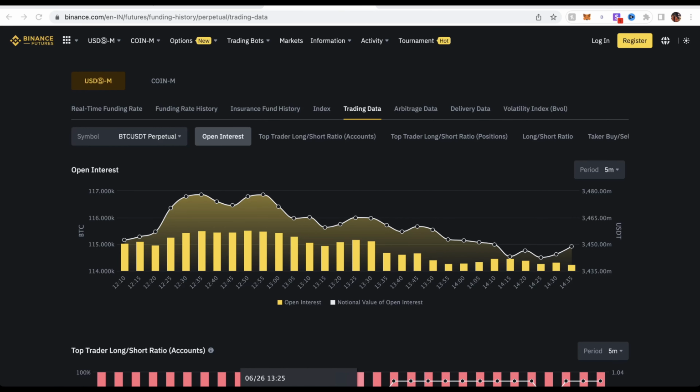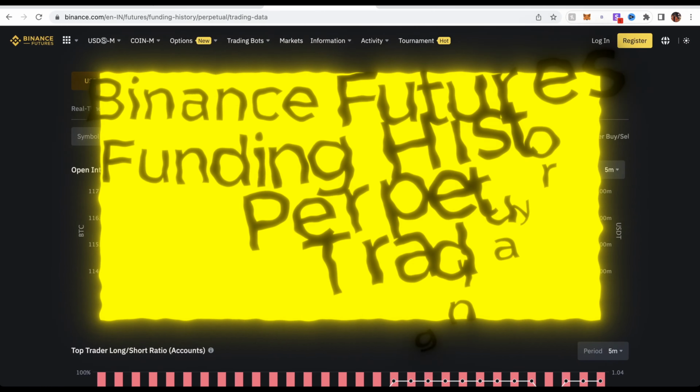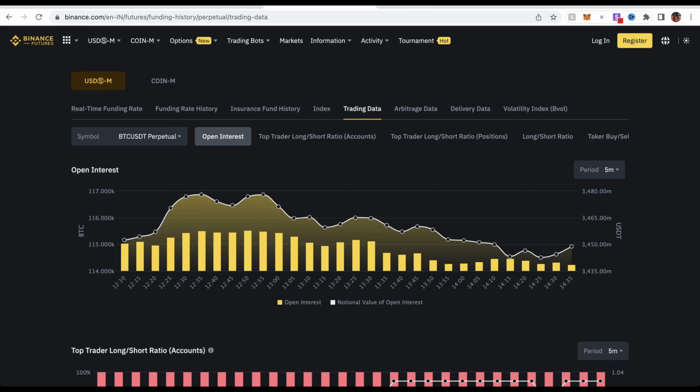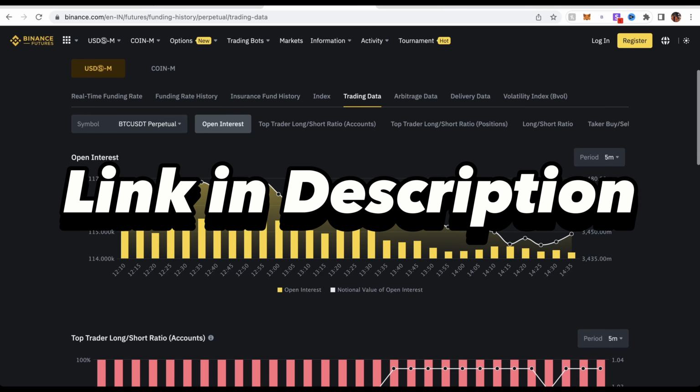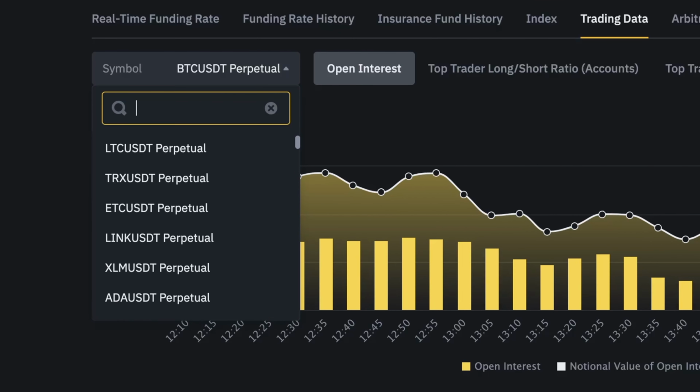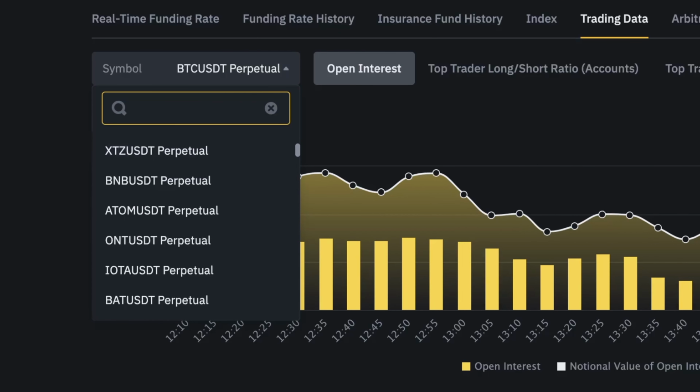To track open interest changes more effectively, I recommend visiting Binance's website and using their futures funding history data. So the first thing you want to do is to go on over to the Binance website. It's a website called Binance Futures Funding History Perpetual Trading Data. The link, of course, is going to be in the description. This is basically a measure of all the open interest on Binance across a variety of altcoin USDT pairings.